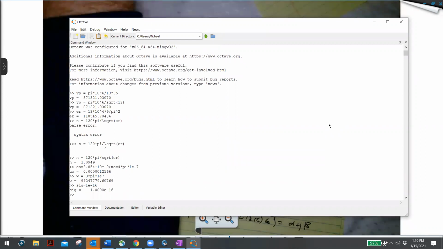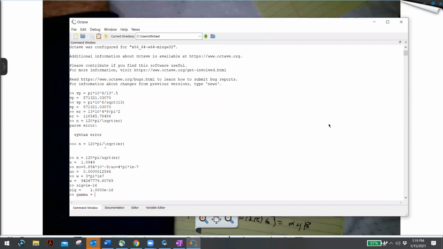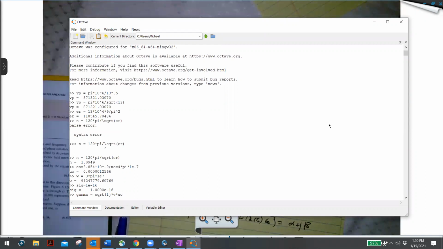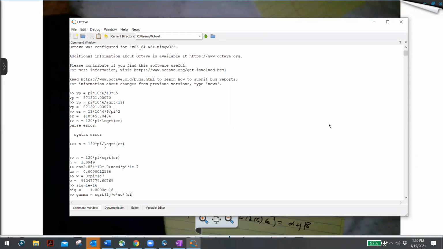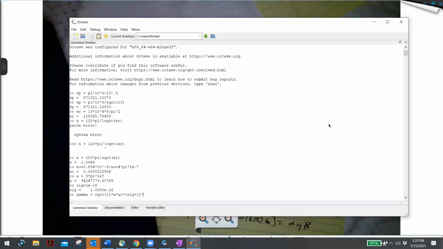Right. And now if I go ahead and say what gamma is, it would be equal to the square root of 1j times omega times mu naught times the quantity sigma plus 1j times omega times, I'm just going to put 2.56 here, times epsilon naught.